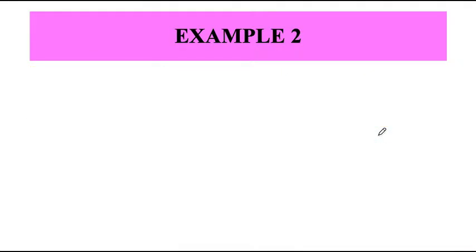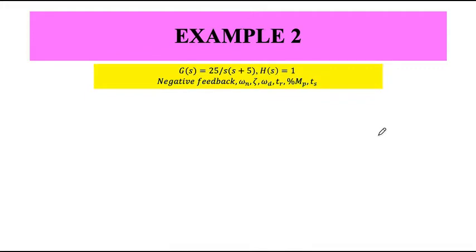Next, I will give you G(s) equal to 25 by s into s plus 5, and H(s) is 1. I have negative feedback.